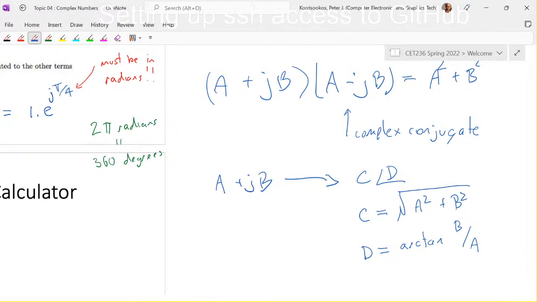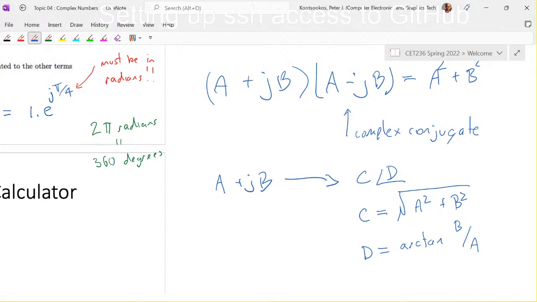Now there's a slight problem with that definition of finding d, because it's not 4 quadrant. What I mean by 4 quadrant is if you take the ratio of b to a, you can't tell which quadrant the thing is in.